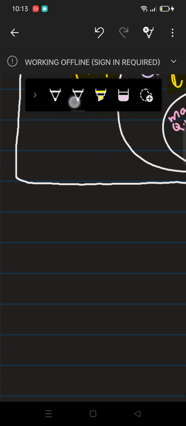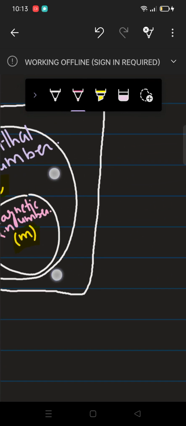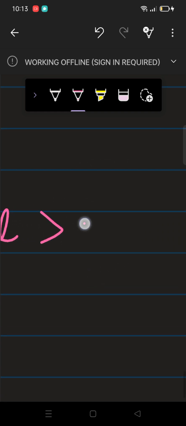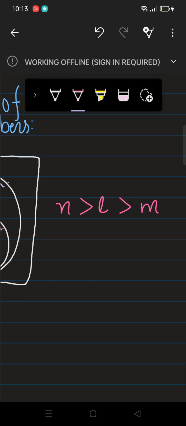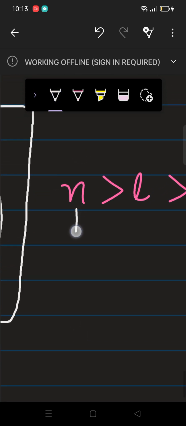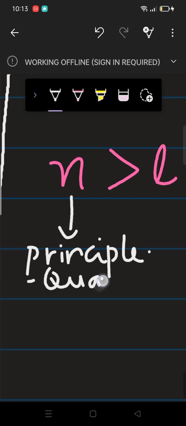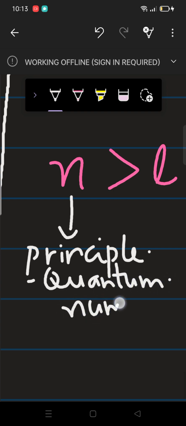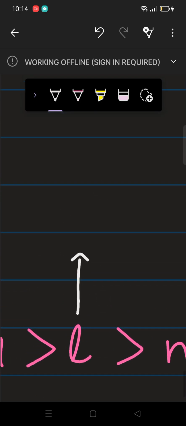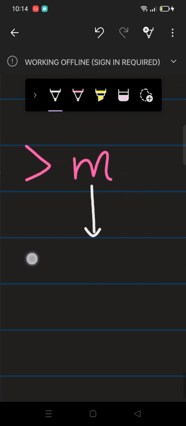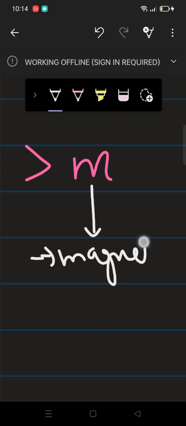So n is greater than L, and L is greater than M. We know that n represents the principal quantum number, L represents the azimuthal quantum number, and M represents the magnetic quantum number.